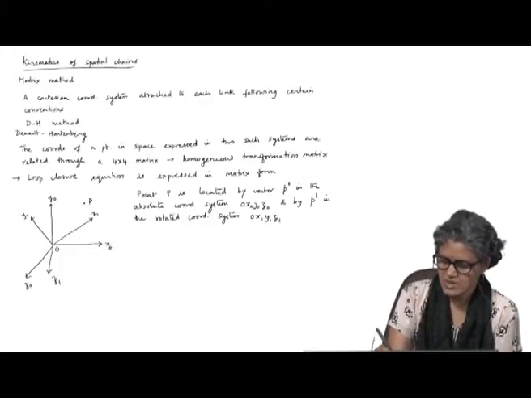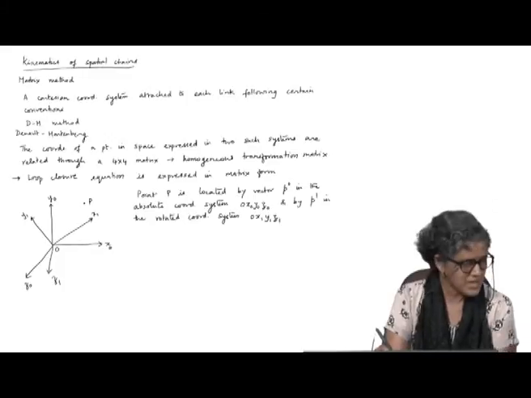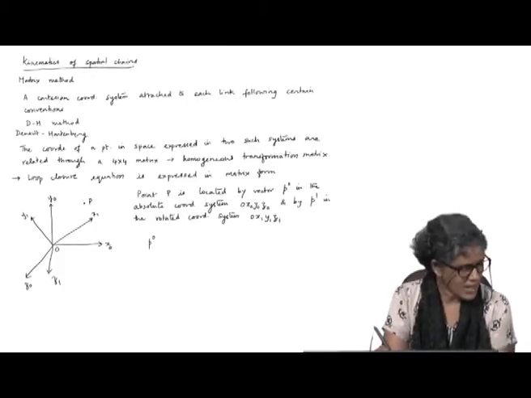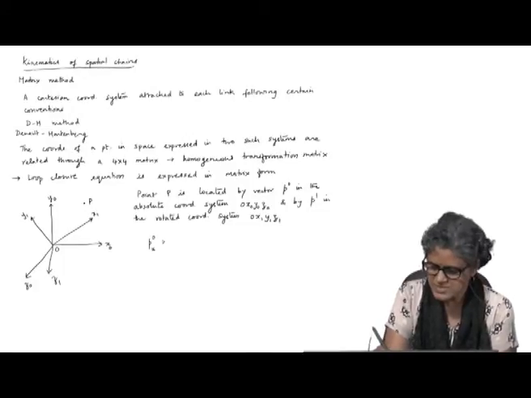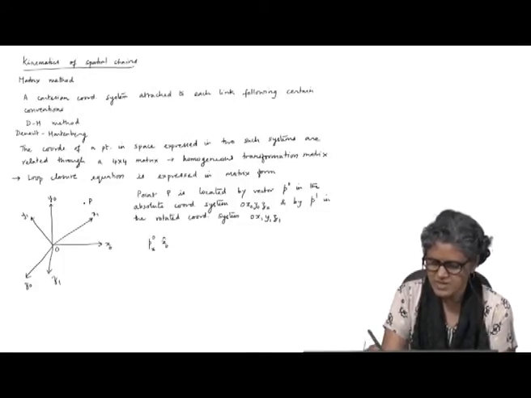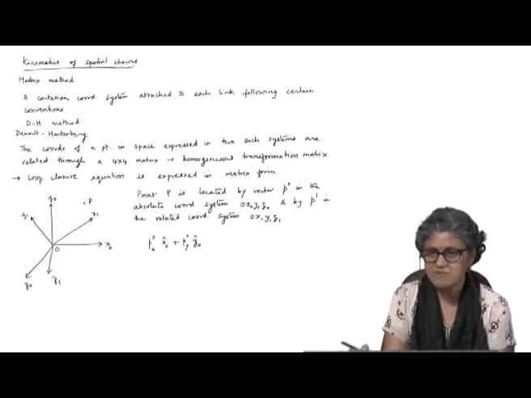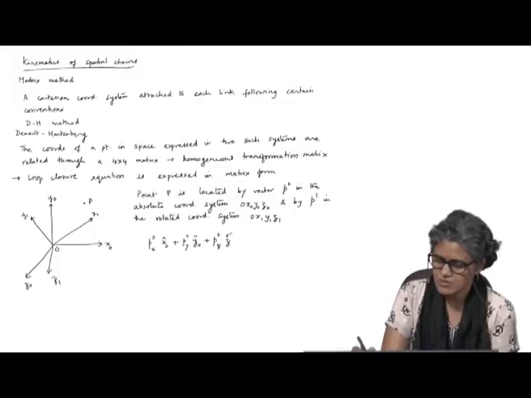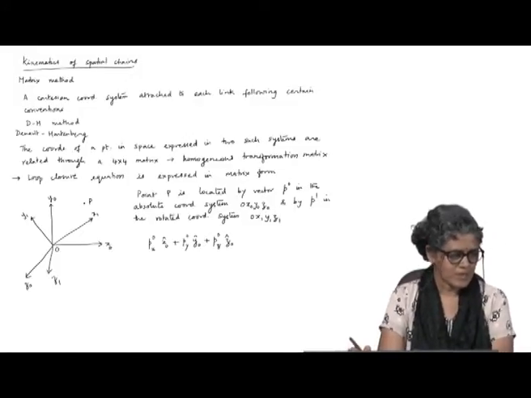So, if it is described as, say, in P0, I have P0x along the unit vector x0 plus P0y along the unit vector y0 plus P0z along the unit vector z0. So, the caps denote the unit vectors. Okay.